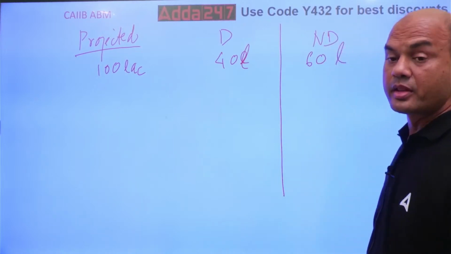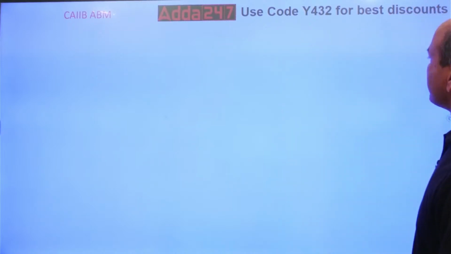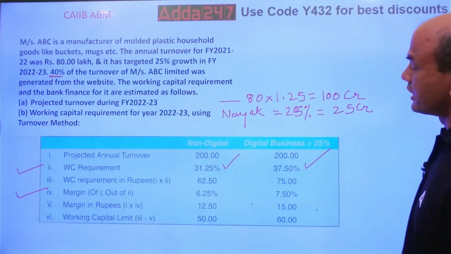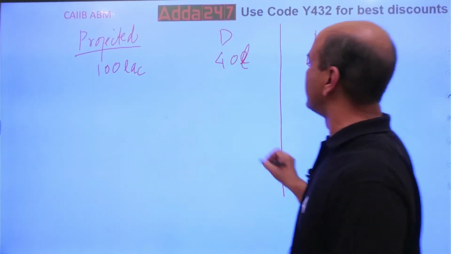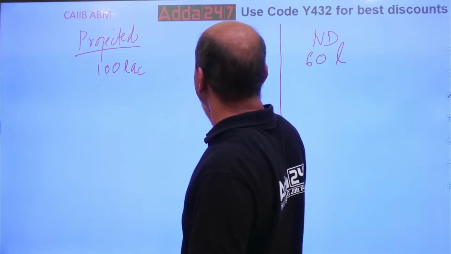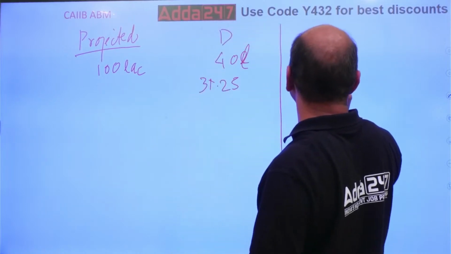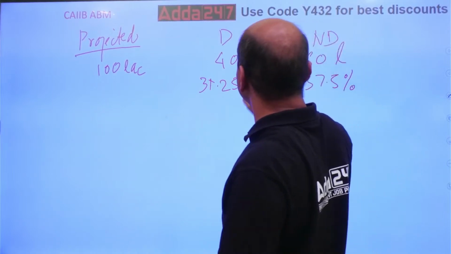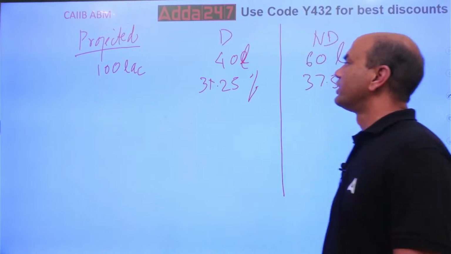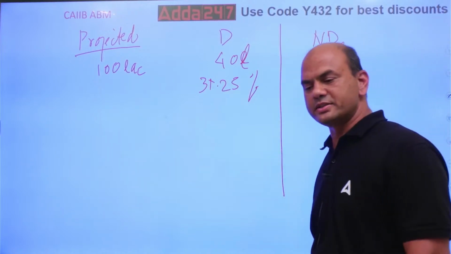Now what was that percentage? 31.25 and 37.5%. So multiply this, get the answer.